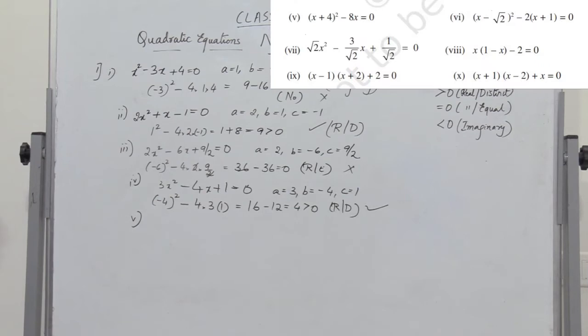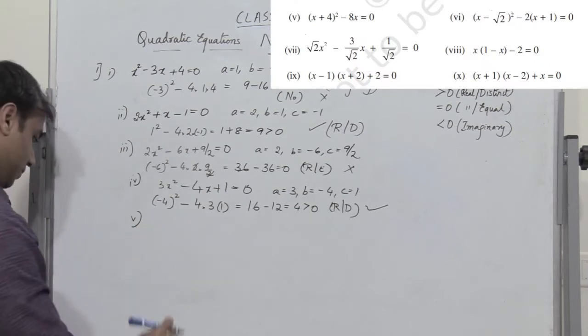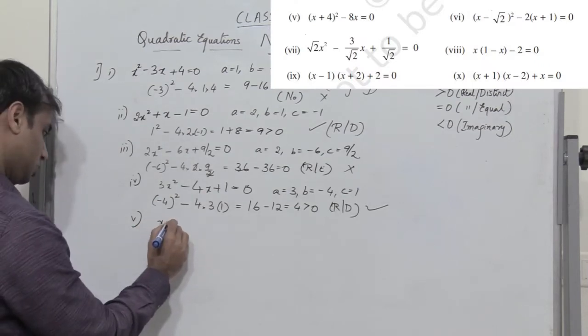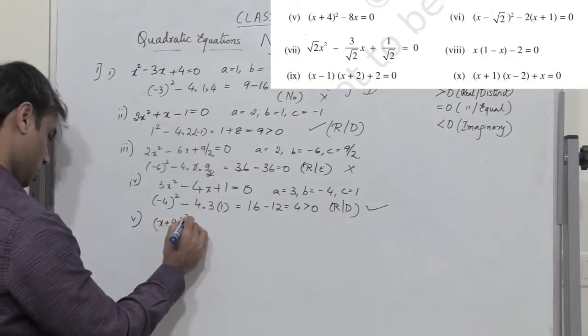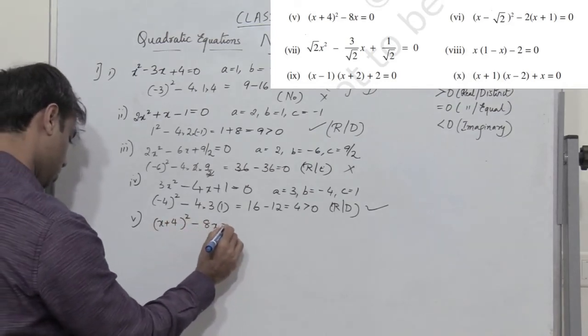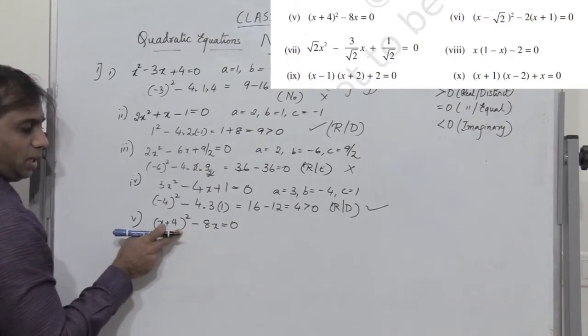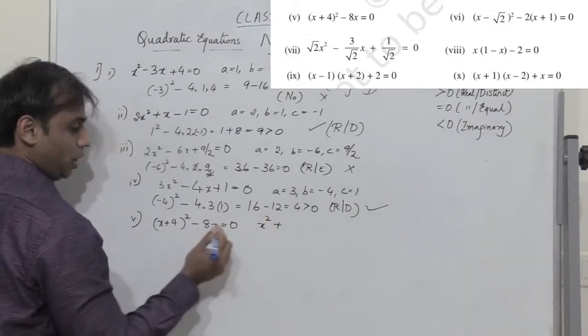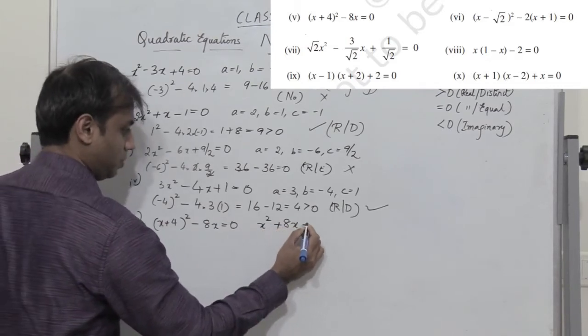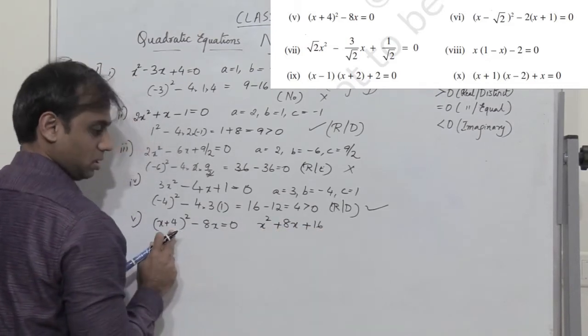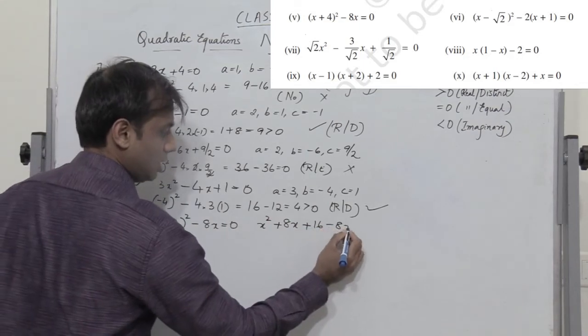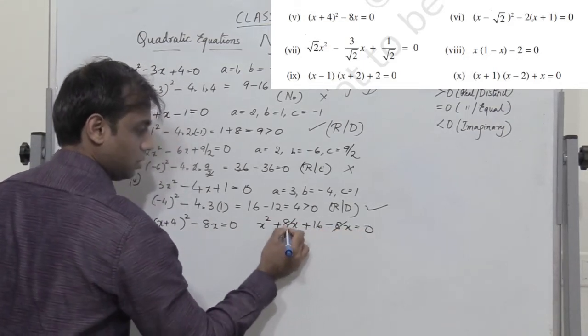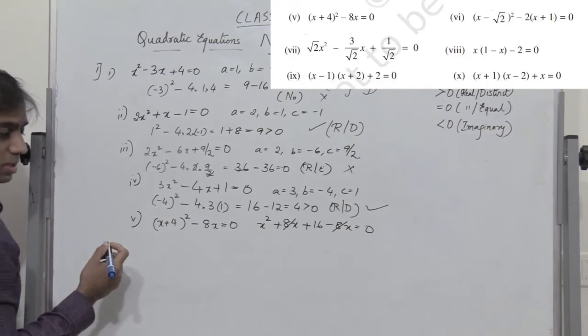Fifth one, so we have x plus 4 the whole square minus 8x equal to 0. So here I need to apply a plus b whole square. So x square plus 2ab is 8x plus 16 is b square, minus 8x equal to 0. So plus 8x minus 8x gets cancelled.